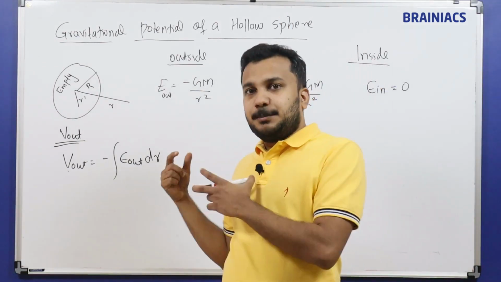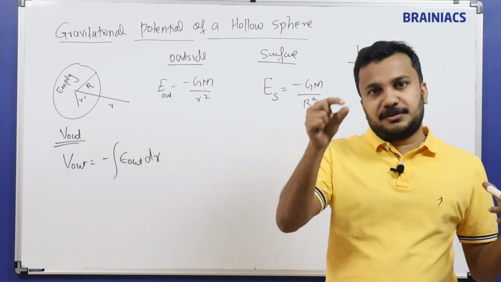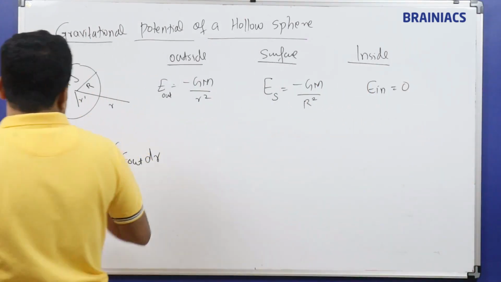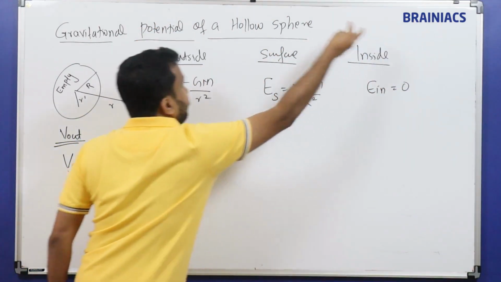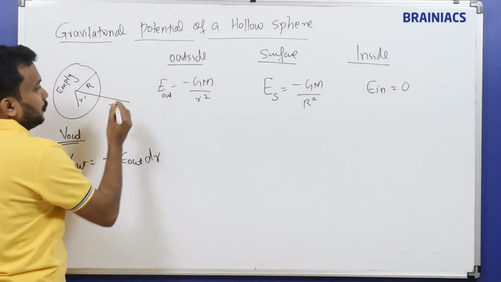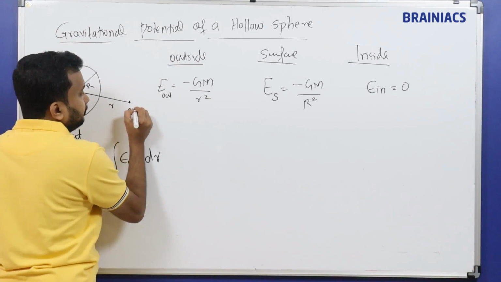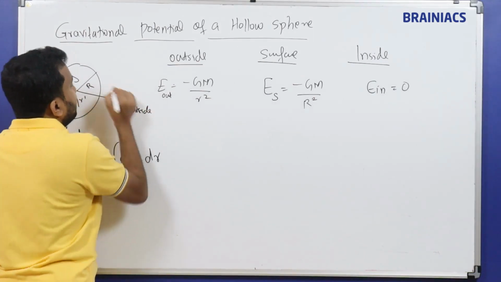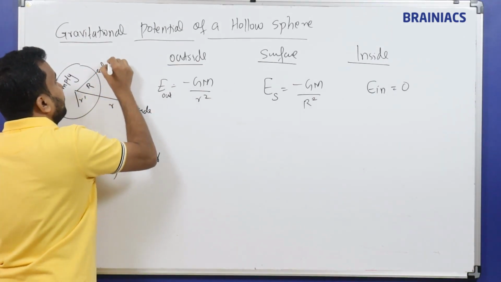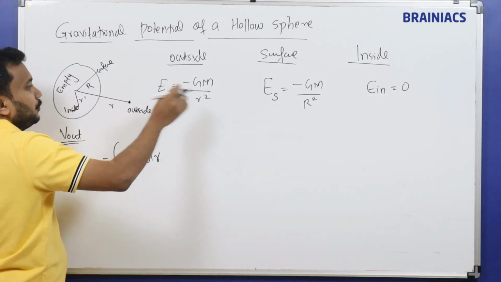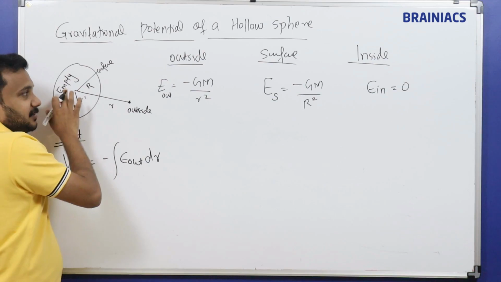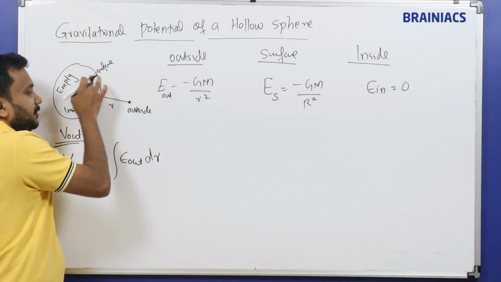Potential is calculated from one point to another point, always starting from infinity. Infinity is somewhere far away, so infinity to an outside point. This is an outside point, this is a surface point, and this is an inside point. Outside is far away from the center, then surface, then inside.